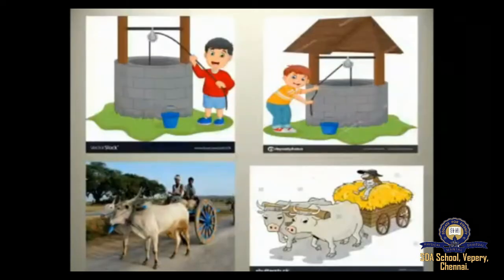Okay? Consider in our daily life, we pull water from the well with a bucket, or an animal pulls a bullock cart. In the first two pictures, a boy is pulling water from the well with a bucket. And in the third and the fourth pictures, you can see that the animal pulls a bullock cart.